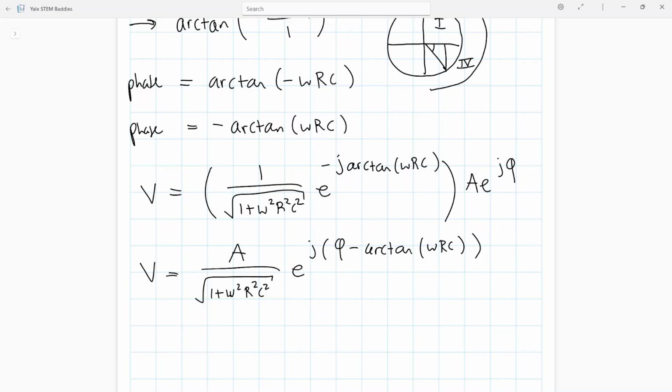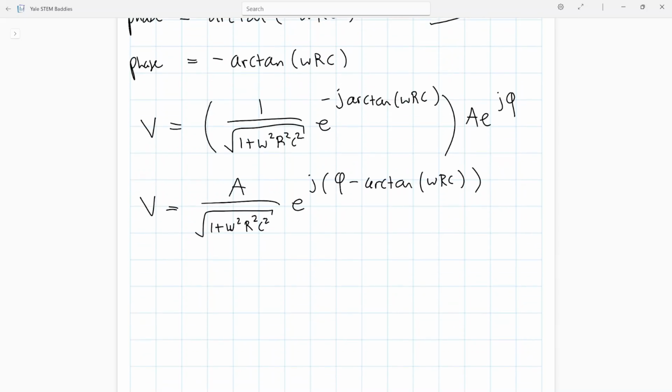So we can see that whenever we plug in some phasor that's equal to a times e to the power of j phi, the filter is going to give us back out a signal which has its magnitude attenuated by a factor of 1 plus omega squared r squared c squared.